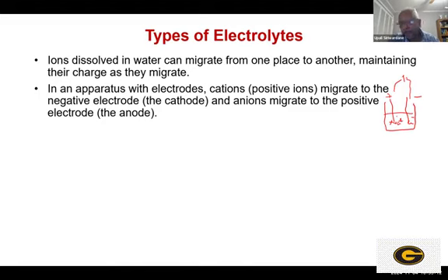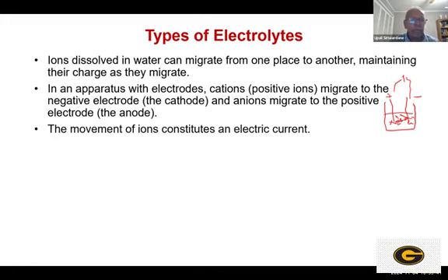Cations go to the cathode. Anions go to the anode. So when you have a water solution of an ionic compound, it conducts electricity. Therefore, they are called electrolytes.